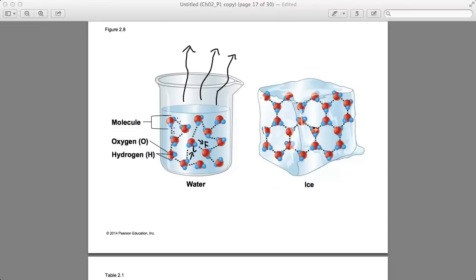It also means that ice can form, or different types of crystal characteristics form, because of the nature of these bonds that form among groups of these molecules.